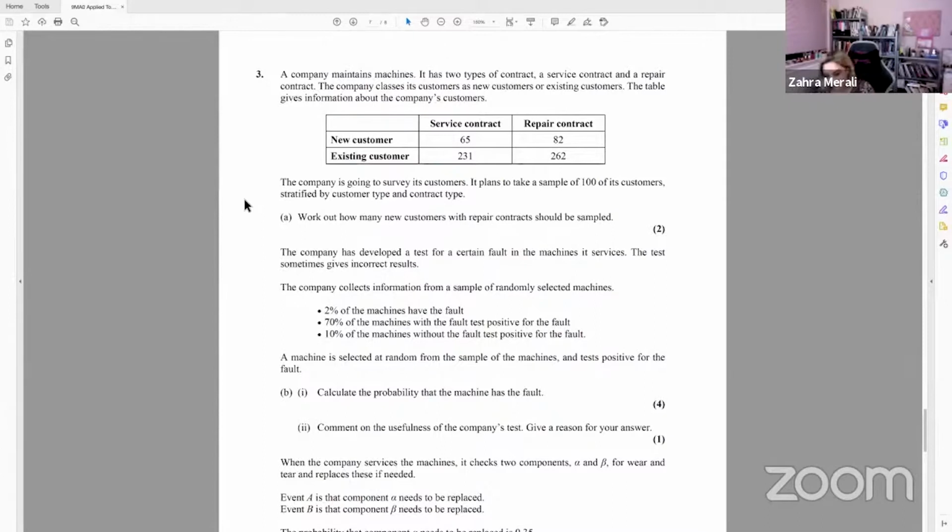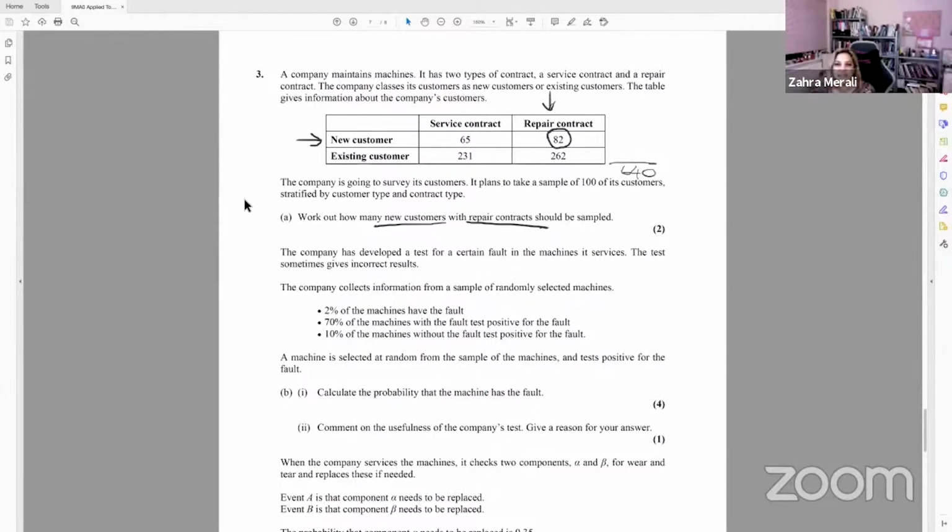So we want new customers with repair contracts. So that's 82. What's the total amount this is out of? So 82 plus 262 plus 65 plus 231. The total here is 640.